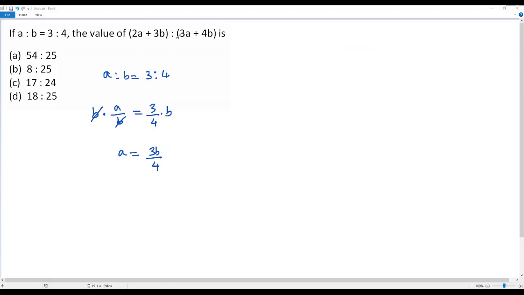Now let me take 2A + 3B to 3A + 4B. I'm going to plug in 3B over 4 for A here and for A here.